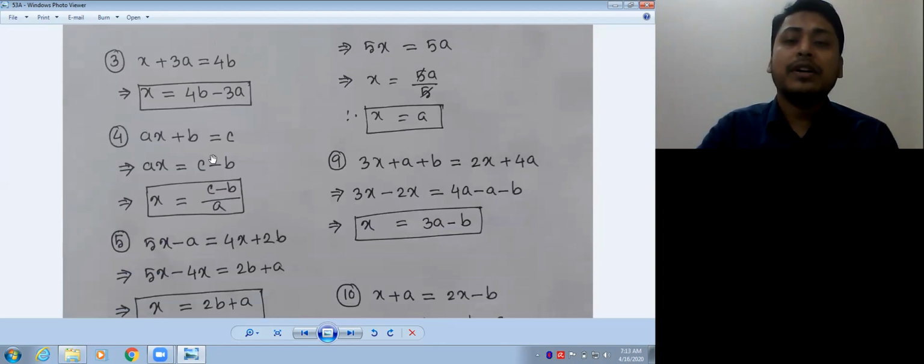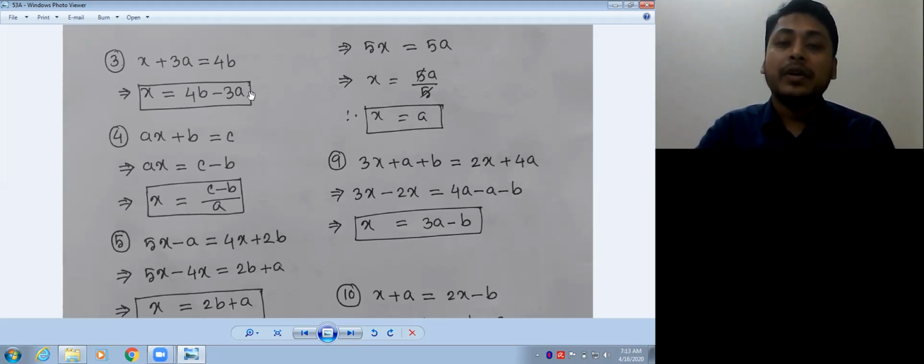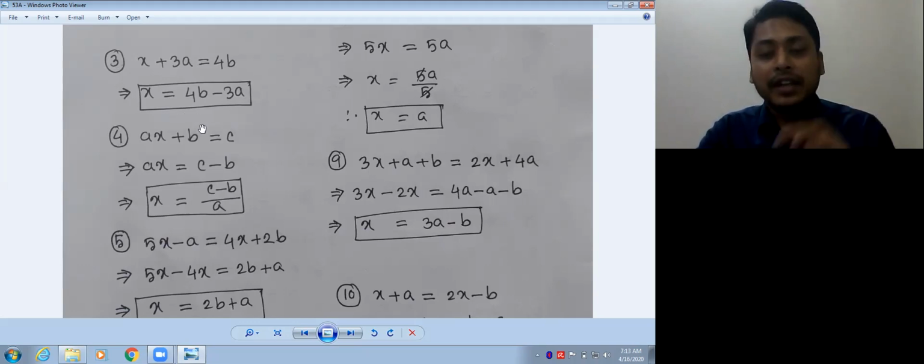Go for the next one, x plus 3a equals 4b. Now, x equals 4b minus 3a. There is no x term in the right hand side. But there was a 3a in the left hand side. That's why we wrote the 3a on the other side.